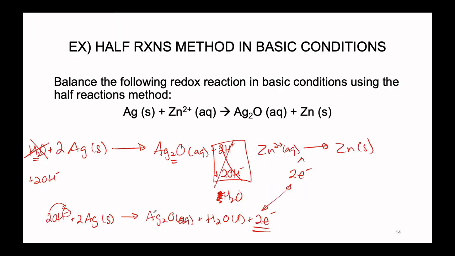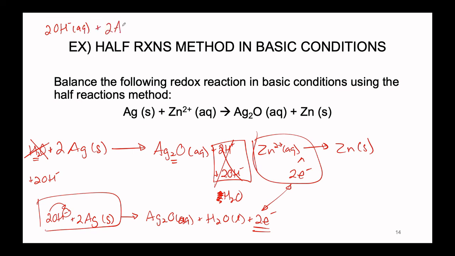So we're going to take all of our reactants and put them on the left-hand side of our overall chemical equation. We have 2 hydroxides being mixed with 2 silvers in a solid form, along with a zinc with a 2+ charge and 2 electrons.